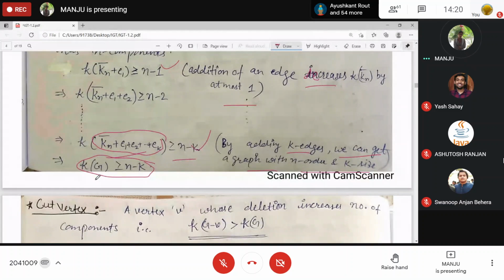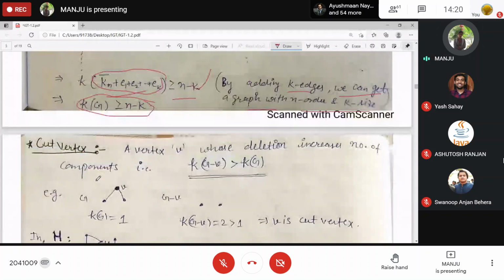Okay. Now I'll discuss cut vertex and cut edge. Cut vertex. Its name suggests we will be cutting it out from the graph.